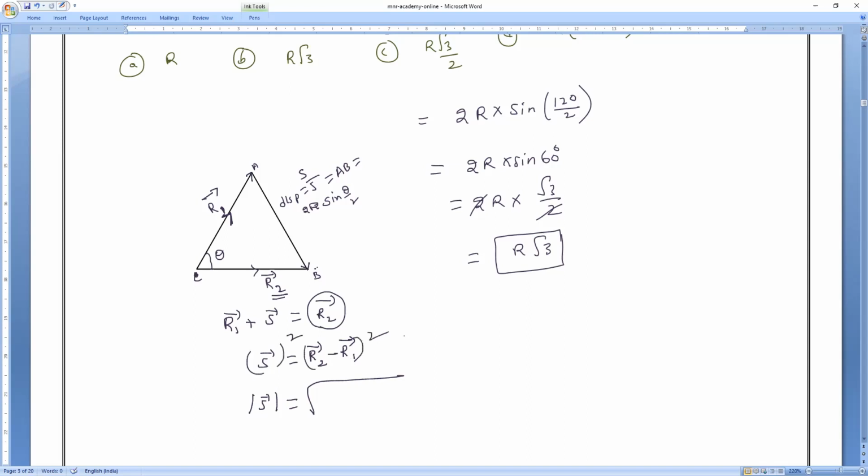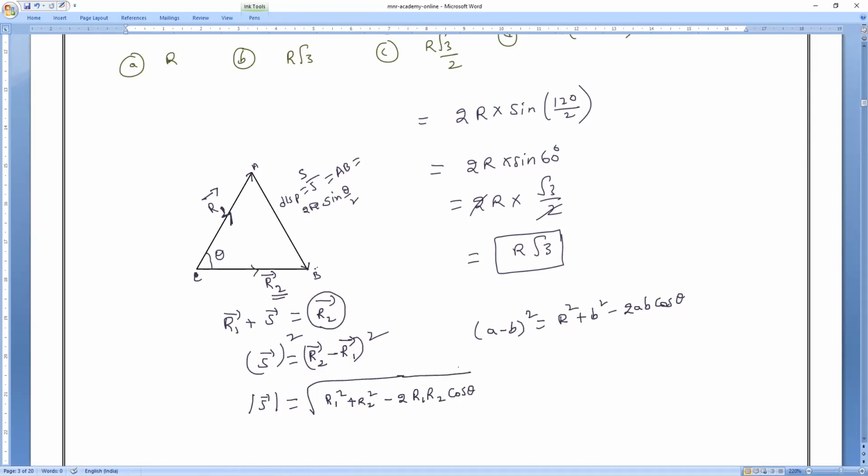Now what will R2 minus R1 become? A minus B whole square, what is the formula? A square plus B square minus 2AB. And as theta is there, we will get cos theta. So now tell me, what will come? R1 square plus R2 square minus 2R1 R2 cos theta will come.